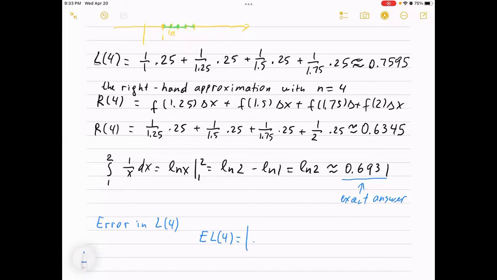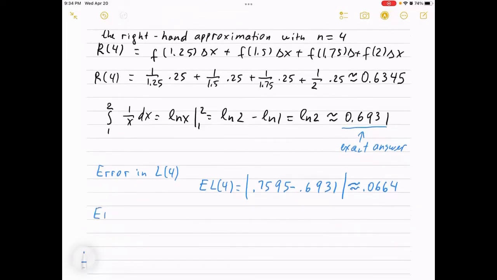That equals 0.7595 minus 0.6931, our approximation minus the actual value. Up to 4 decimals, the answer is 0.0664.